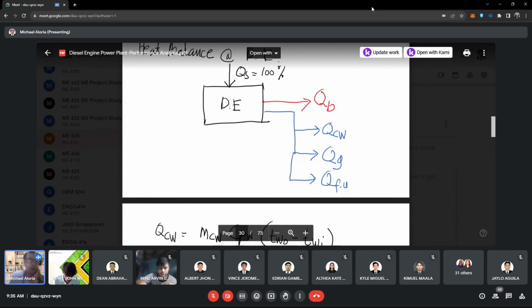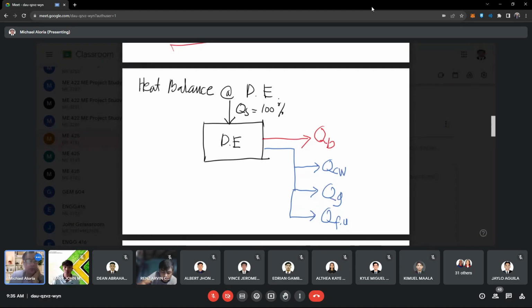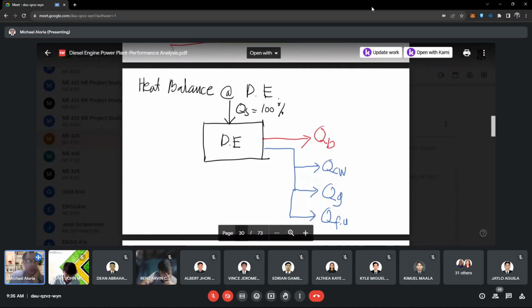Okay, so meron tayong heat balance of the diesel engine. Ito yung heat entering at ito yung mga heat leaving. Meron tayong heat supplied na 100%. Sabi ko kanina kay Janela, ano yung ibig sabihin ng heat supplied? Ano yung equation natin dito?